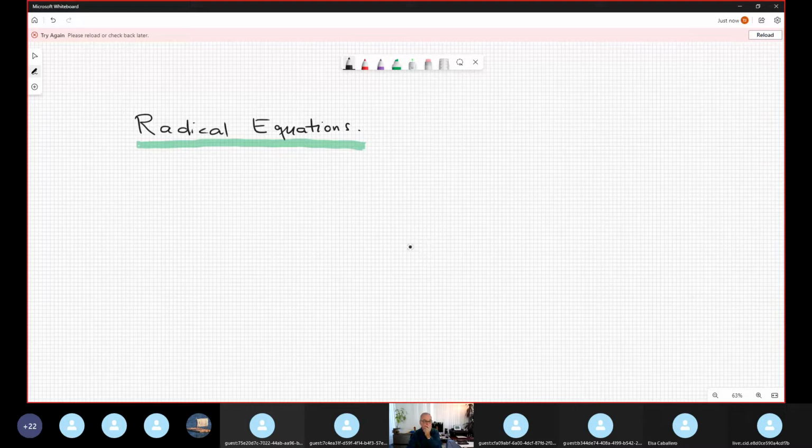Suppose we have a square root, which identifies a radical equation, and we have here any algebraic expression equal to a number, hypothetically 10, 20, 100, either way. The key idea is you eliminate the radical. How do you eliminate that? You square both sides.